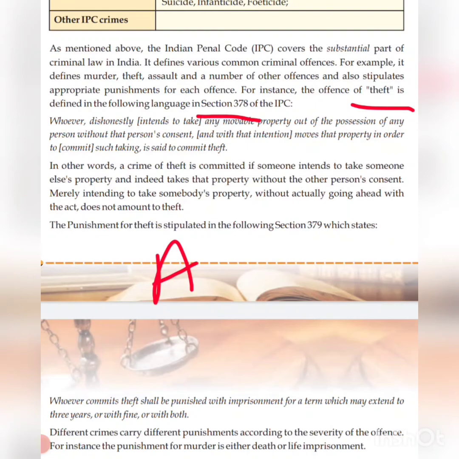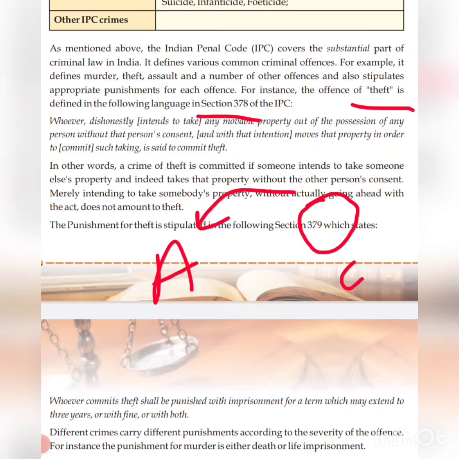So you are intending to take an article C, for example, from the possession of person A without the consent or permission of A, and for that intention you are moving the property out of the possession.